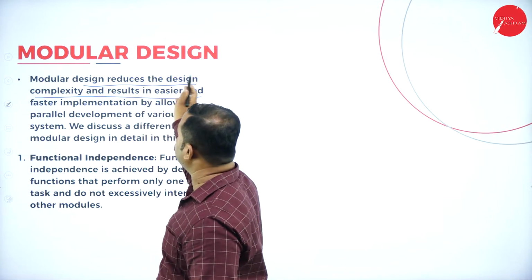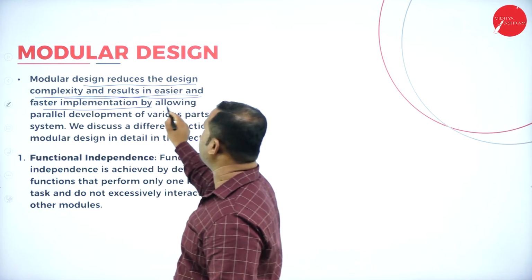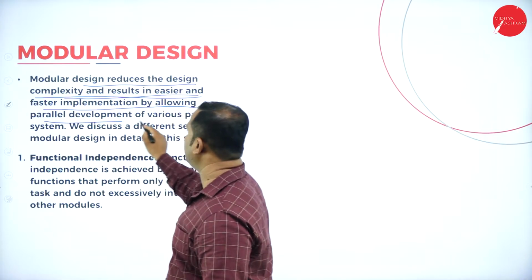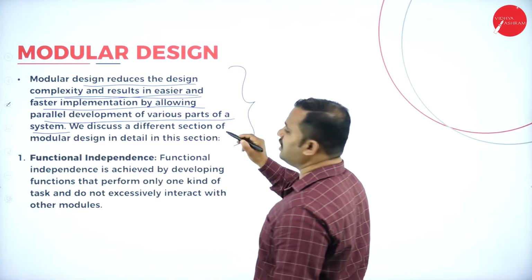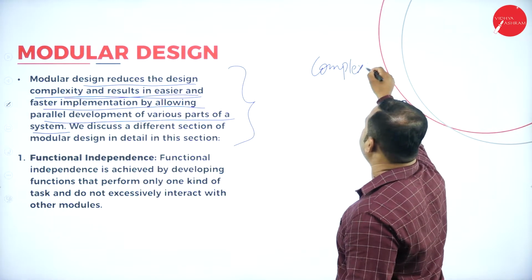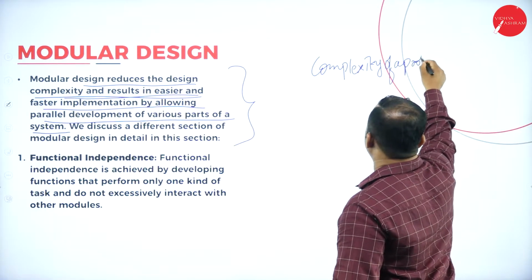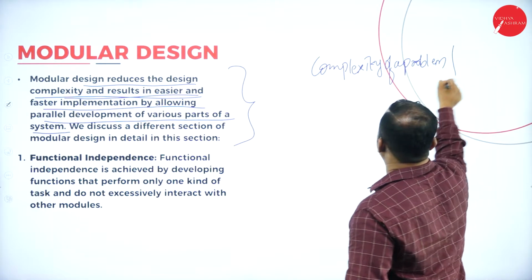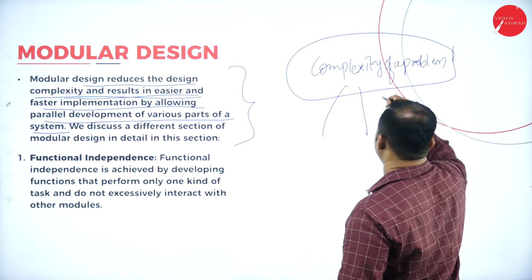Modular design reduces the design complexity and results in easier and faster implementation by allowing parallel development of various parts of a system. That means if there is a big problem, that is, the complexity of a problem is very big, then obviously this leads to smaller sub-problems.